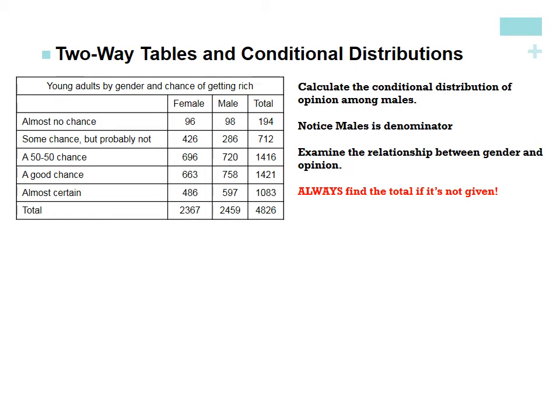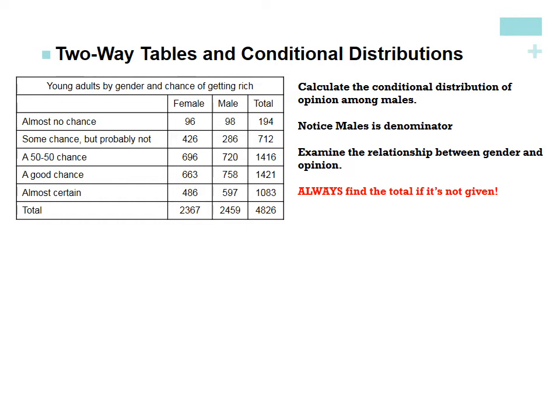All right, so take a look at these directions. It says calculate the conditional distribution of opinion among males. Okay, so conditional distribution, I'm looking specifically of opinion among males. So what is going to be my denominator here? It's not the total. Since I want to look at the distribution of opinion among males, basically I want to see what percent of males have each specific opinion.